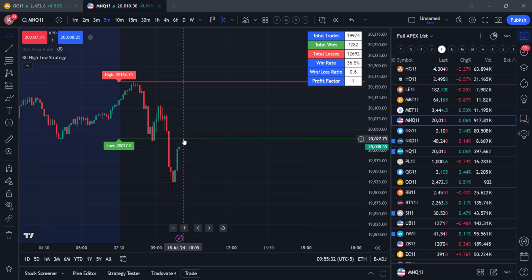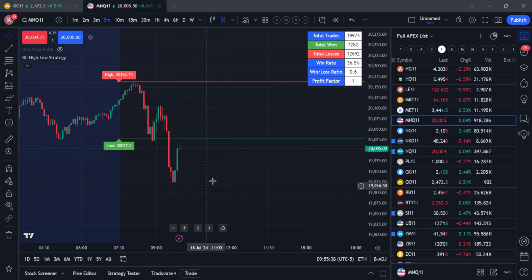But generally, this will act as a resistance now. Price may touch this and then again it may start. If I see a red candle, I can take a short.